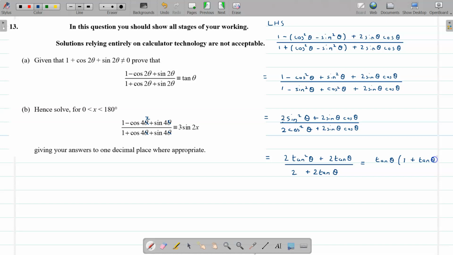Okay, so I've taken out the factor of 2 from numerators and denominators. I've taken out a tan theta from the numerator, and on the denominator I've just got 1 plus tan theta. So you can see now that the 1 plus tan thetas cancel, and it just leaves me with a tan theta on its own, which is what I needed.